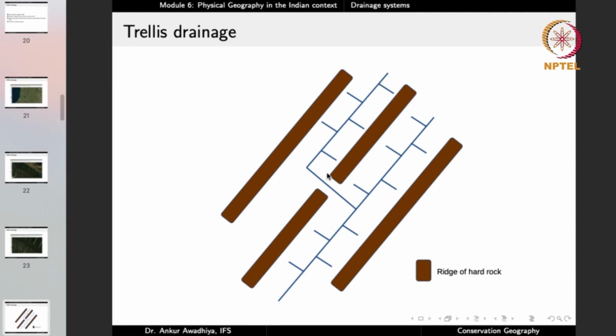So we find a trellis drainage in areas where typically we have hard and soft rocks. Now the river is not able to cut through the hard rocks, so it only moves through the soft rocks. Whenever there is a gap, the river may join another stream and become its tributary.